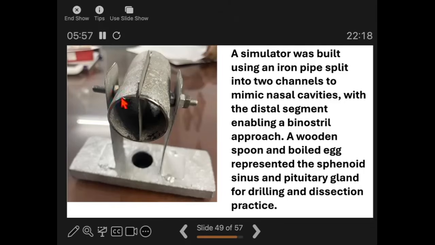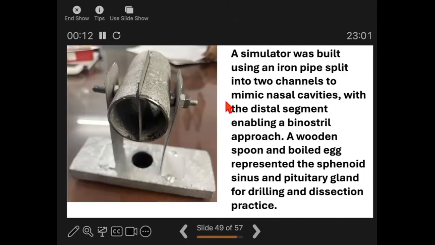This is a physical simulator. This is an iron pipe and it is fixed on a stable stand. This is 2 centimeter in diameter. The initial 6 centimeter of this pipe, the top end of it, is cut, and through this a plate was inserted. This plate simulated the nasal septum, which divided this pipe into two, right and left, simulating the left and right nasal cavity.